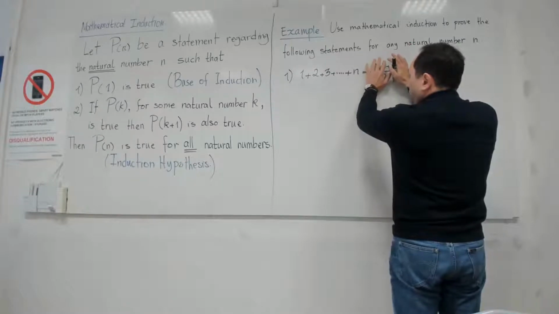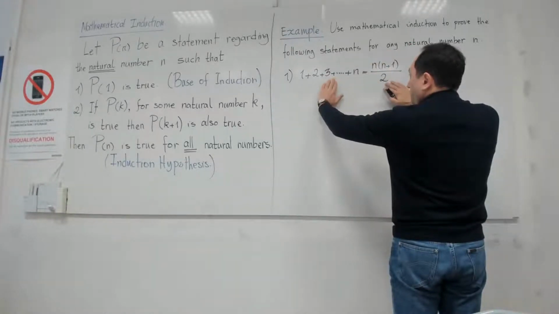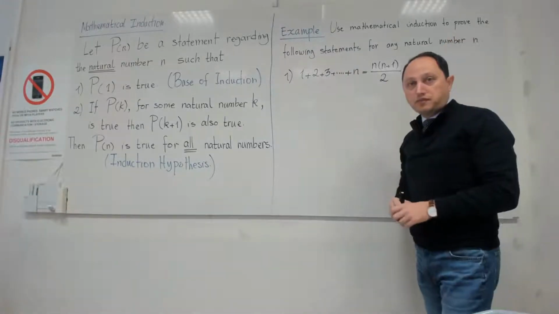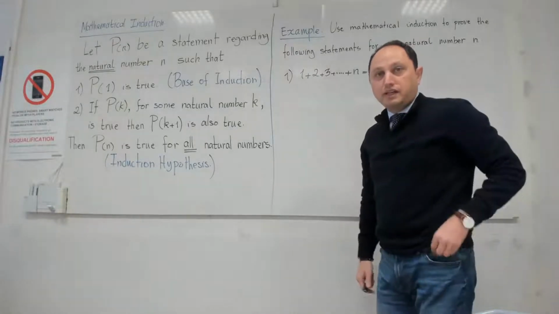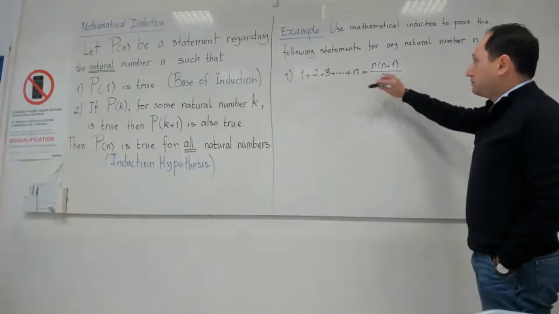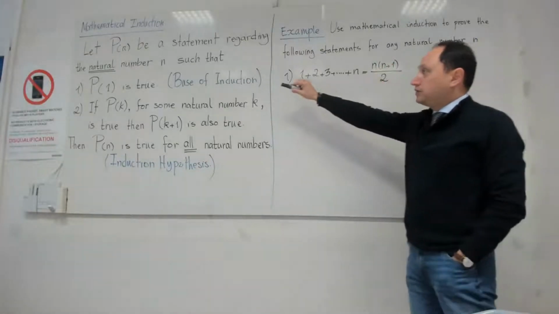So what I need to do is give you the formula in its entirety and then ask you to prove this. That is the main weakness of mathematical induction. But my point is to learn how to do these steps.